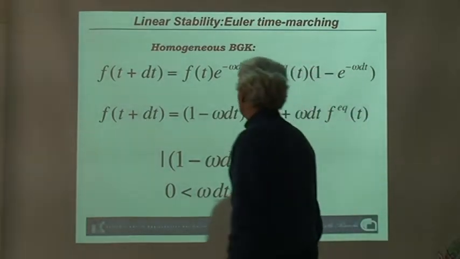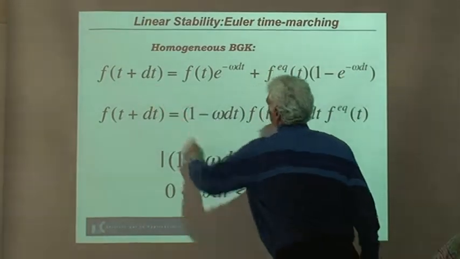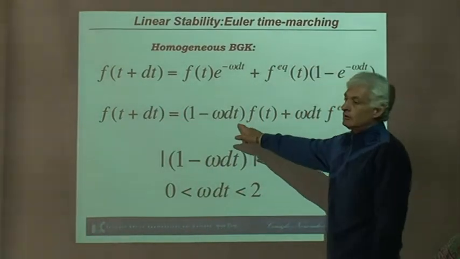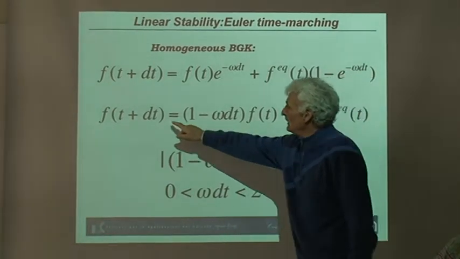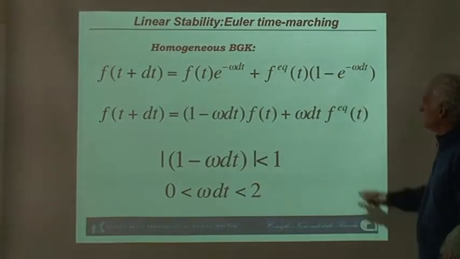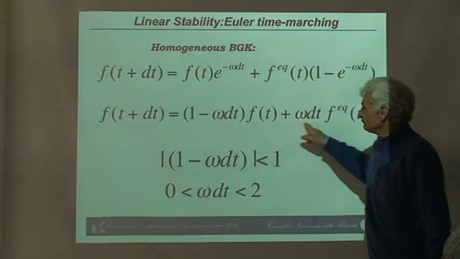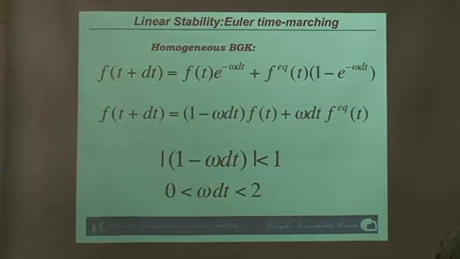In Lattice Boltzmann, that would be an exact integration within the scale delta t. Very often you do what is called Euler time marching, which is a first order integrator, and you replace the exponential with the first order expansion. And here you recognize the structure of the Lattice Boltzmann, because I think I did write at some point this expression.